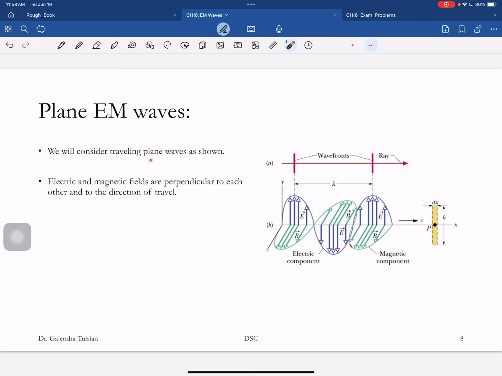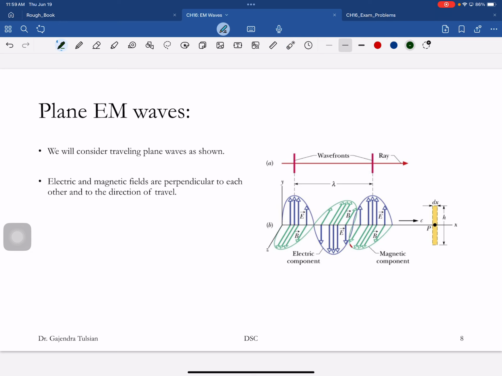we'll consider plane waves. When we say plane waves, what we're saying is, there's the direction of travel, and the E field is constant in a plane perpendicular to the x direction.